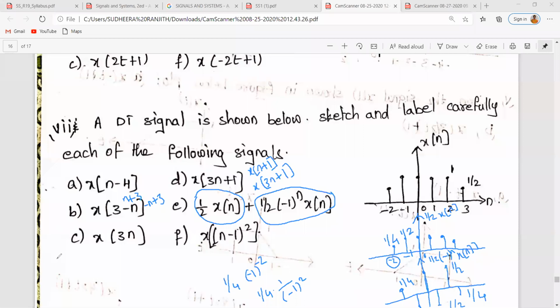So let us consider y of n is equal to x of n minus 1 whole square. Right, so substitute different values of n, and plot y of n is equal to x of n minus 1 whole square.